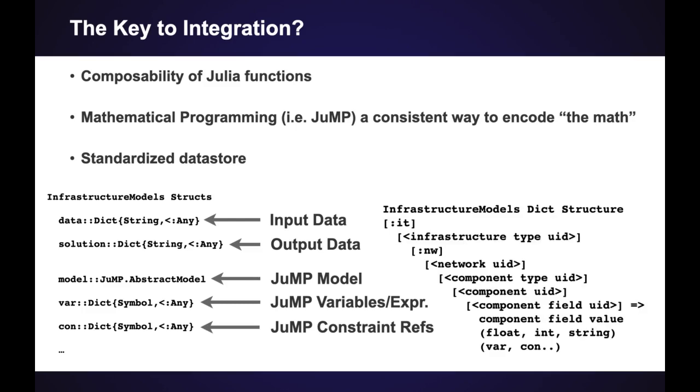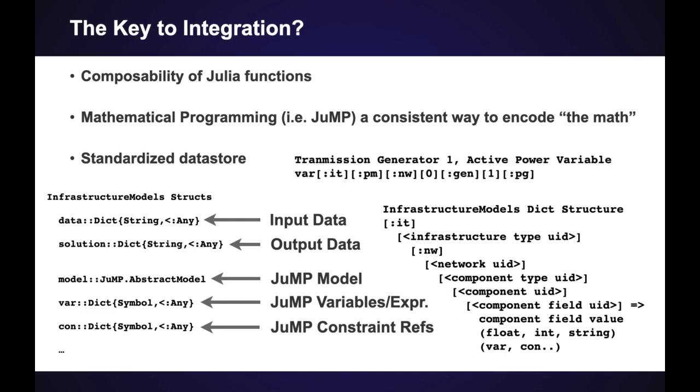You have an infrastructure type, you have a network ID, you have a component type ID, you have the component's ID, and then you have all the fields of the components. And depending on what it is, it might be a float, an int, a string, a variable, a constraint. So here's an example from one particular package where you just have the infrastructure type for PowerModels, network 0, generator 1, and then the active power constraint, PG, or variable, PG.